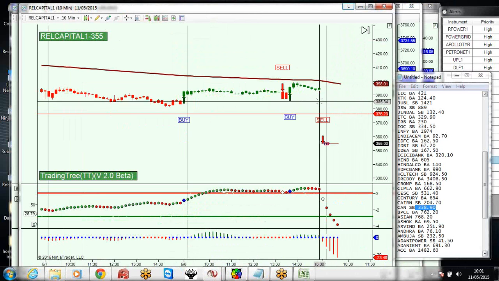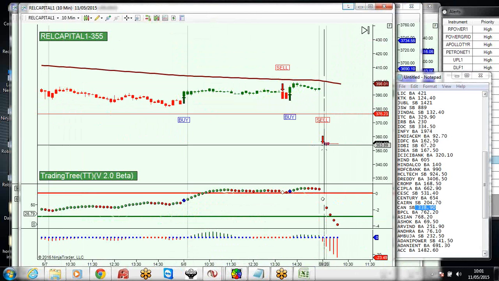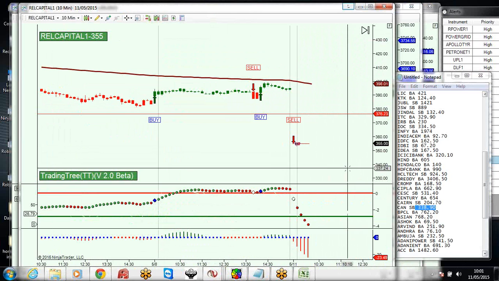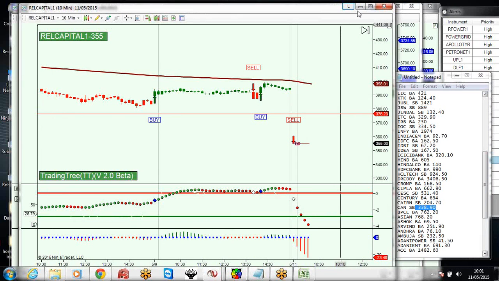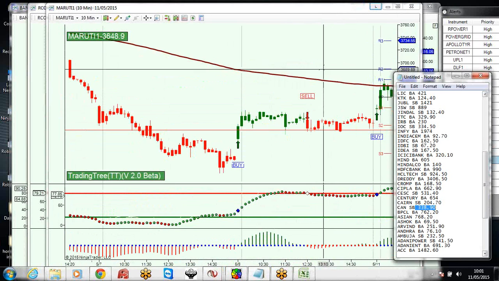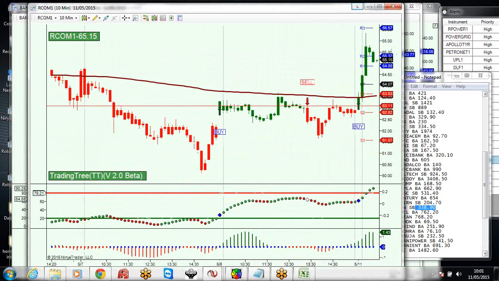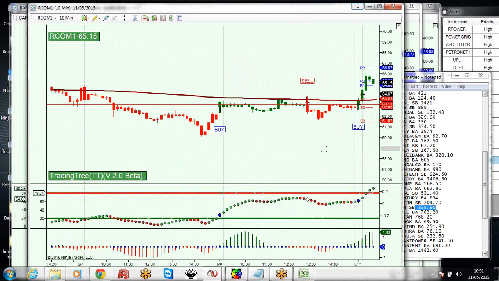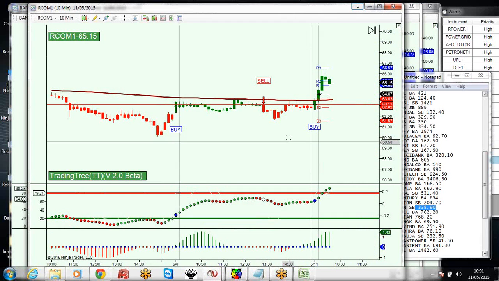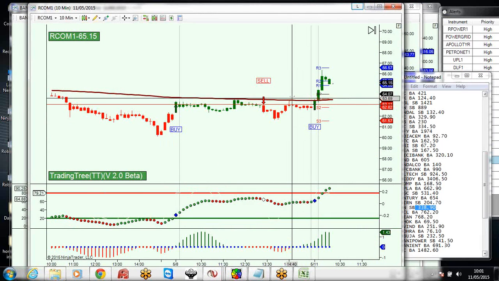So that's a gap down open. And this RCOM buy 63.70.